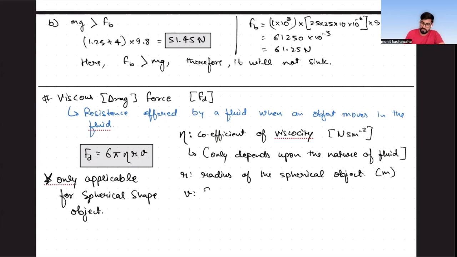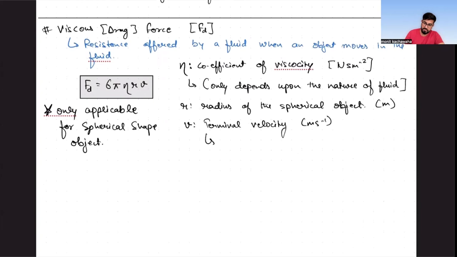And v is the terminal velocity. I hope you know what you mean by terminal velocity by now, right? Terminal velocity is the constant velocity at which it starts to move, where acceleration is zero, or you can say the net force acting is zero.